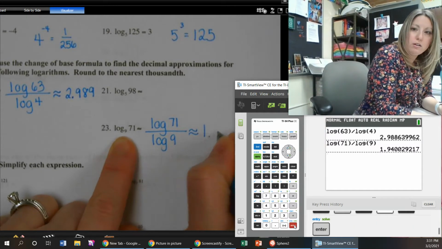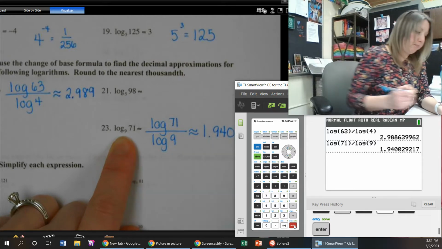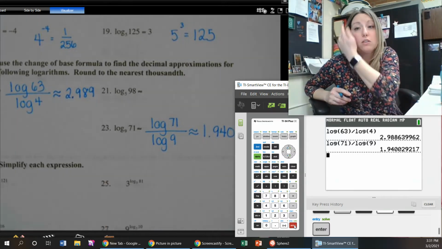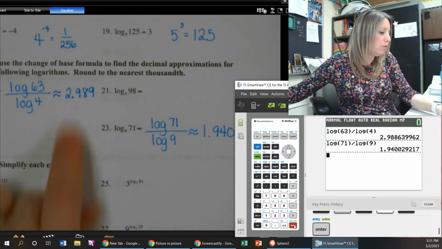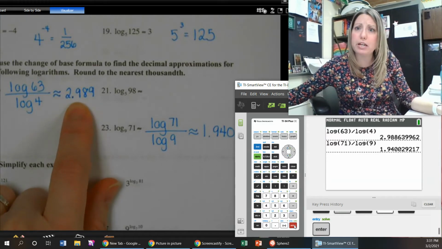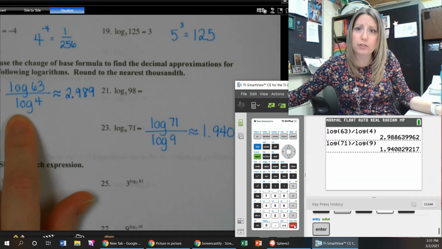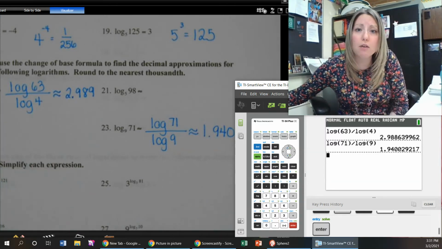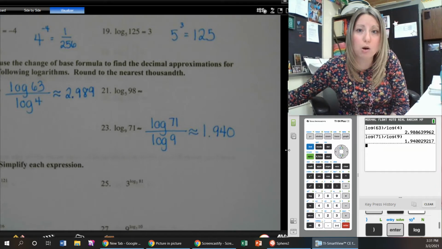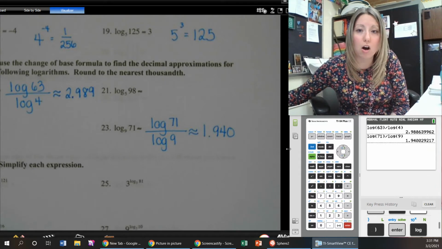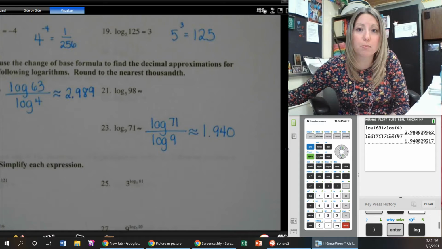Well, 1.940. If I ask you for thousandth, you can still put that 0 there. I believe you can put the final answer there, but the only way to get full credit is to show me this middle step, because you do need to have the formula memorized for change of base. So you need to know how to change a log of any base into a log base 10 so that you can use your graphing calculator.